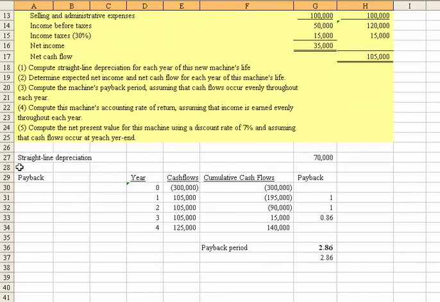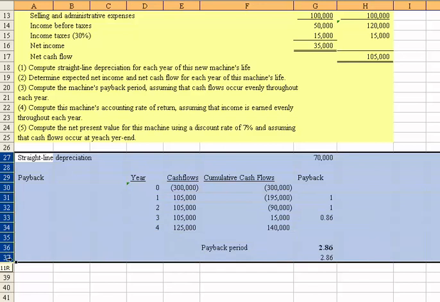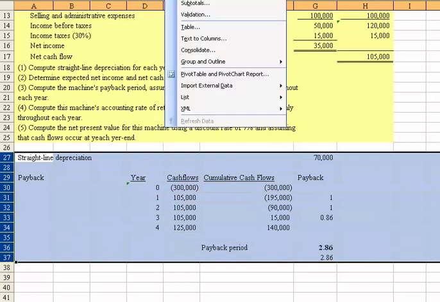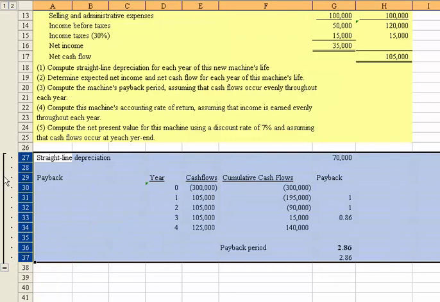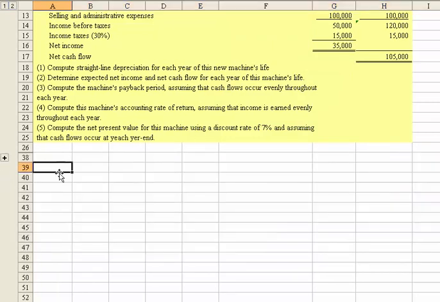Now I'll slide about here, and what I will do is group this. And then we can slide it down. Okay, well, let's compute the accounting rate of return. Accounting rate of return is equal to the annual after-tax income divided by the average investment.